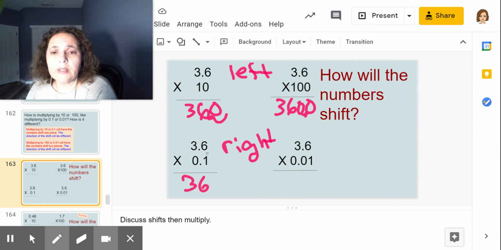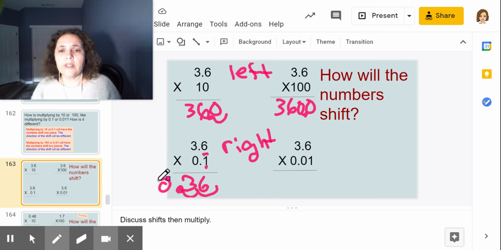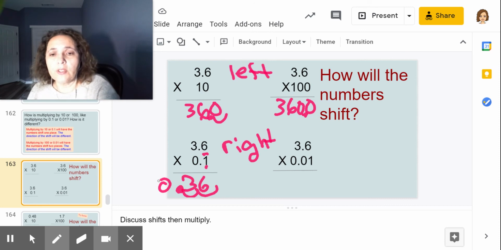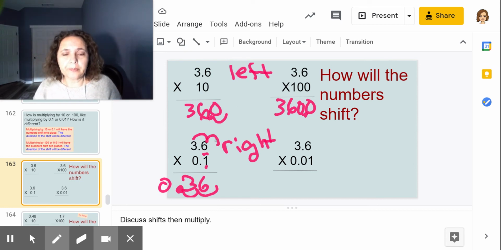Count my decimal places. 1, 2. Here's my decimal now. So notice it got smaller, right? The 6 shifted over and the 3 shifted over. So the 3 shifted here and the 6 shifted there.